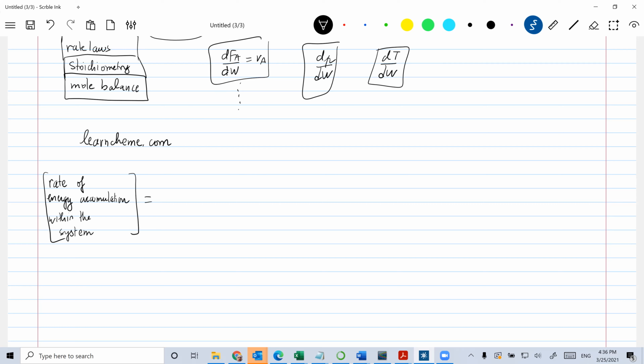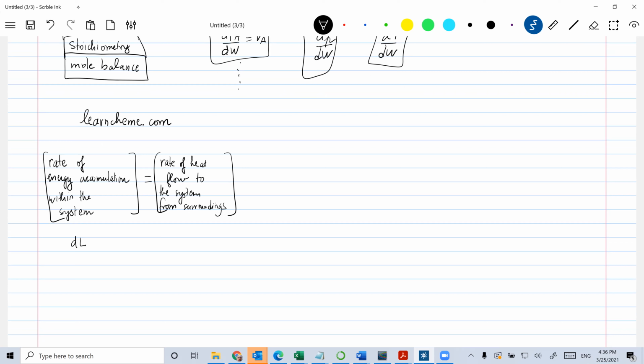That's equal to the rate of heat flow to the system from the surroundings, so that's Q. It's positive for heat going in, negative for heat going out. So you have dE of the system/dt equal to your Q. Sometimes I may drop the dot over the Q, so I apologize, but I do mean the rate of heat.